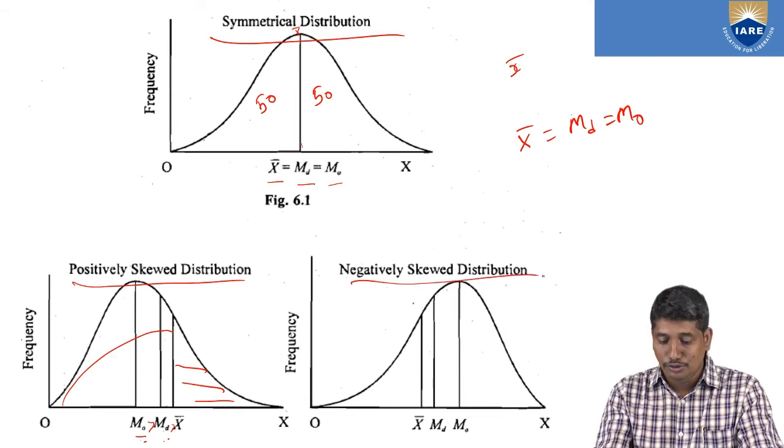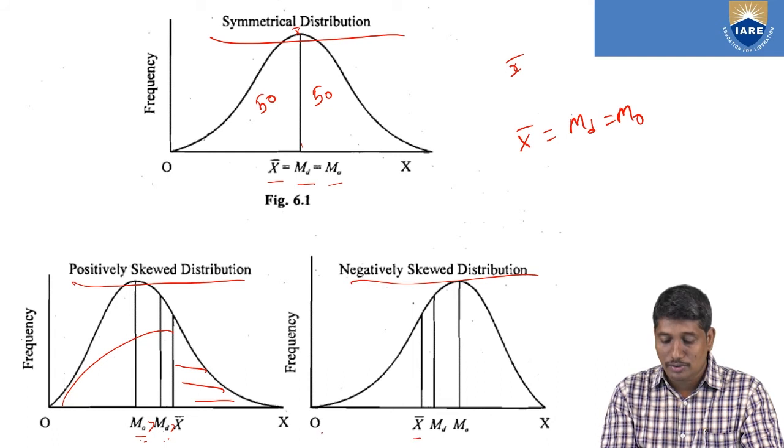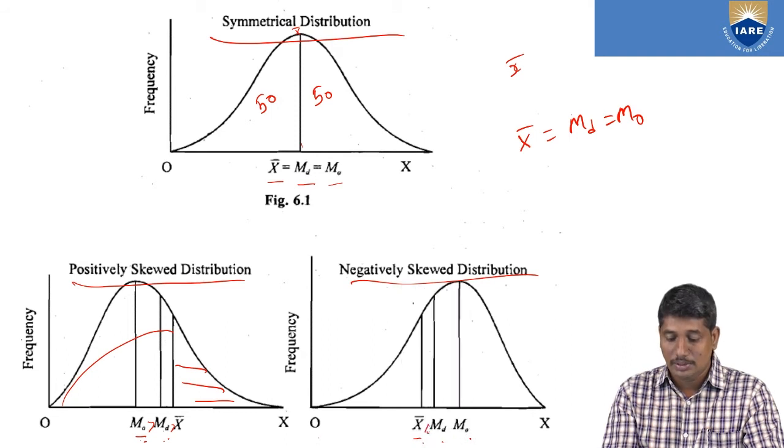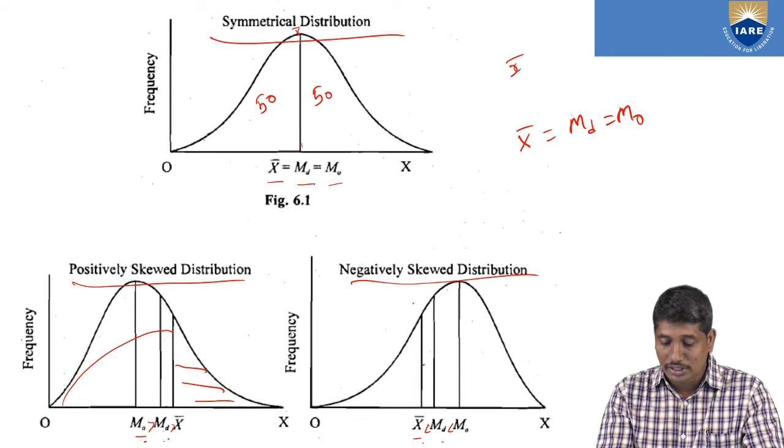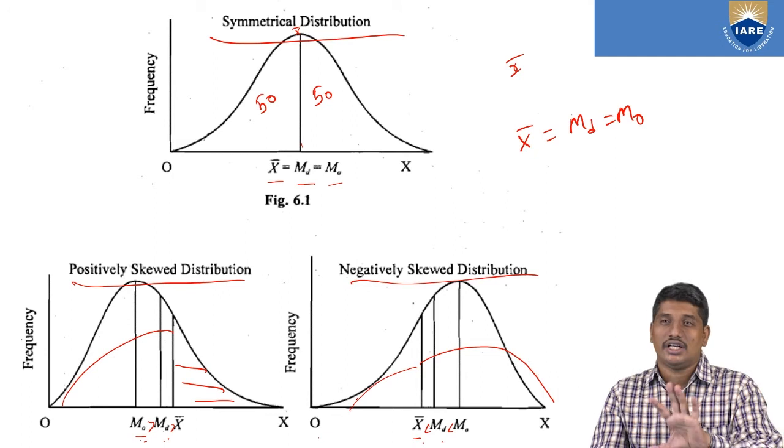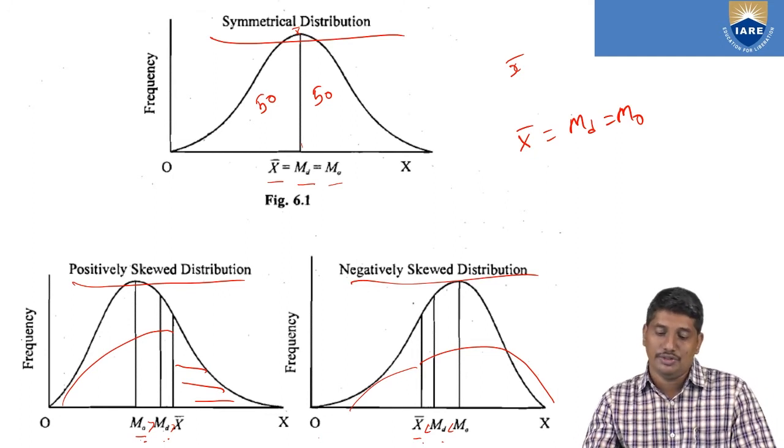And in a negatively skewed distribution, from the origin you will first come across the mean, then median, then mode. That is, mean is less than median, which is less than mode, and towards the right of the mean more data will be distributed, towards the left side of the mean less data will be distributed. That is a negatively skewed distribution.